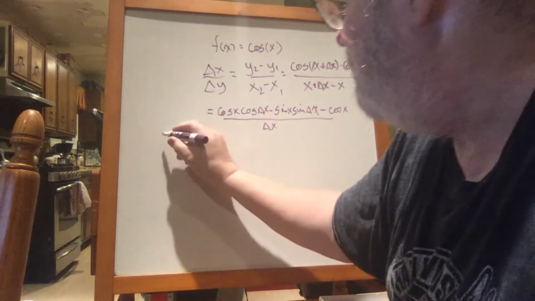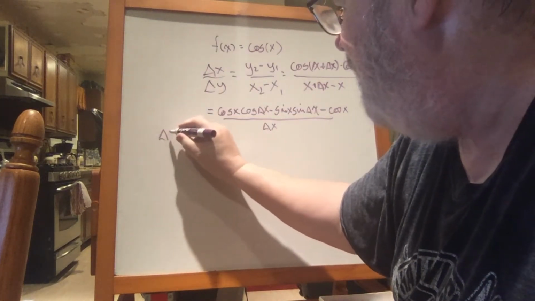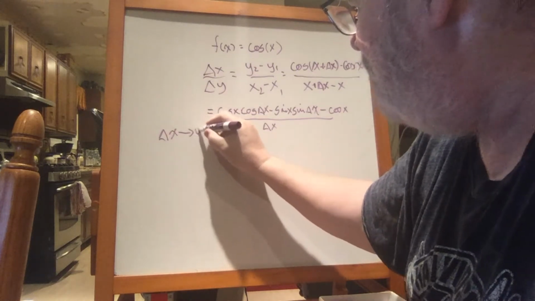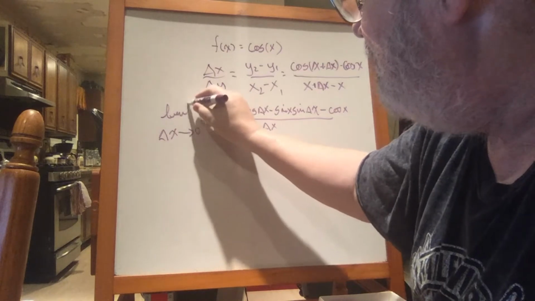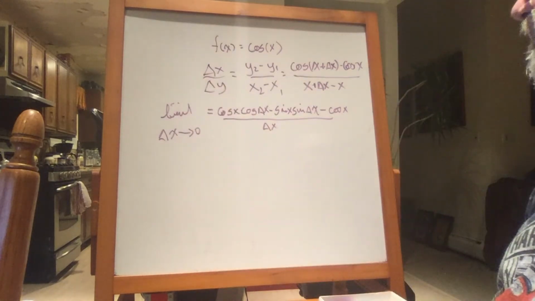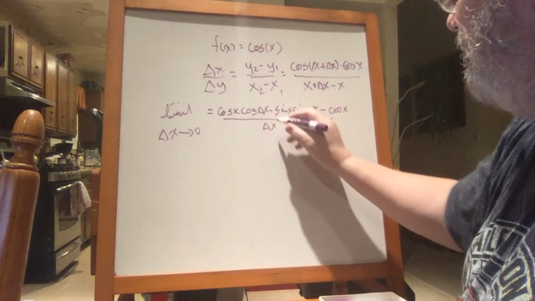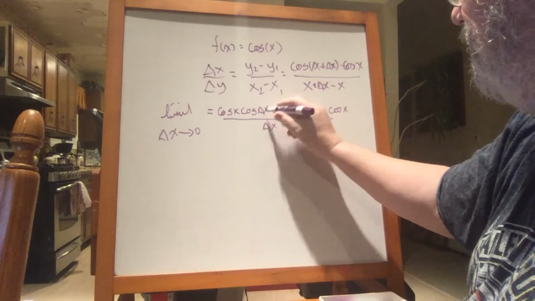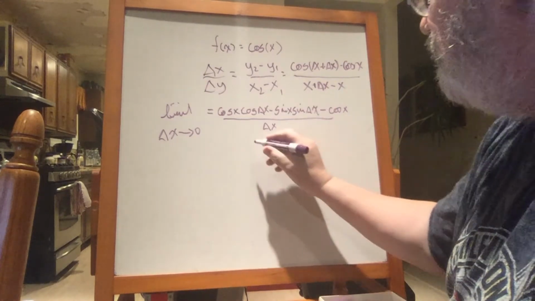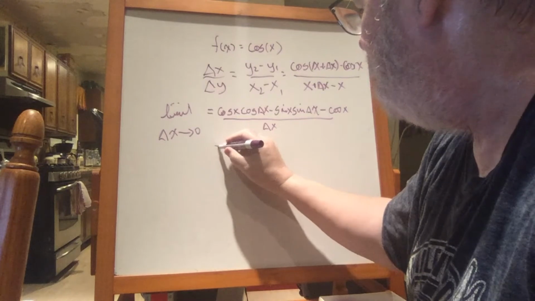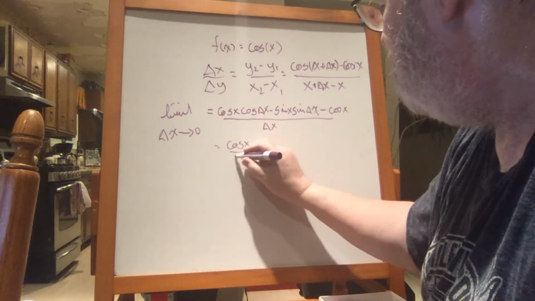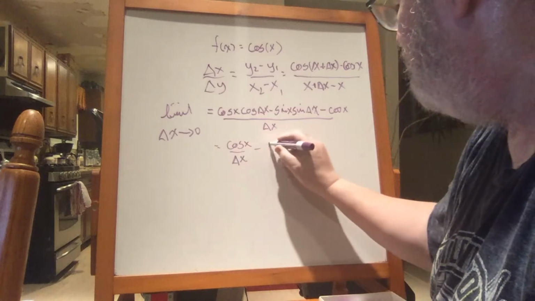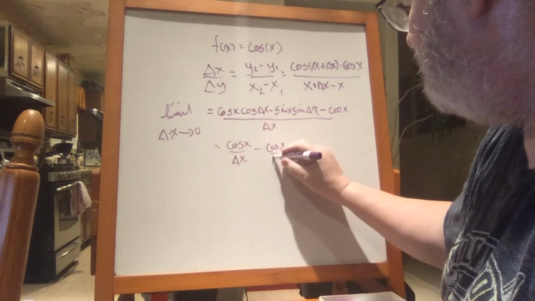And we know that as delta x goes to 0, cosine of delta x goes to 1, so we have cosine of x on delta x minus cosine of x on delta x.